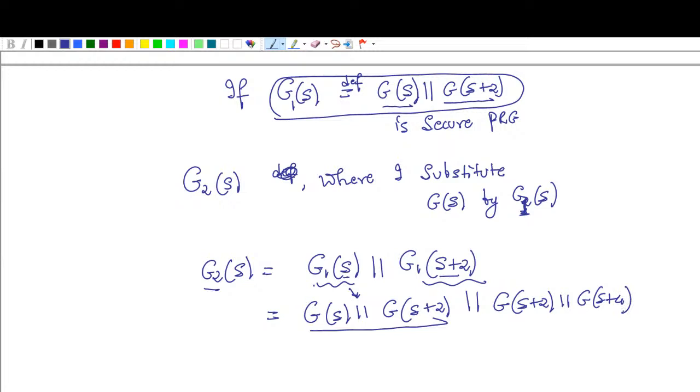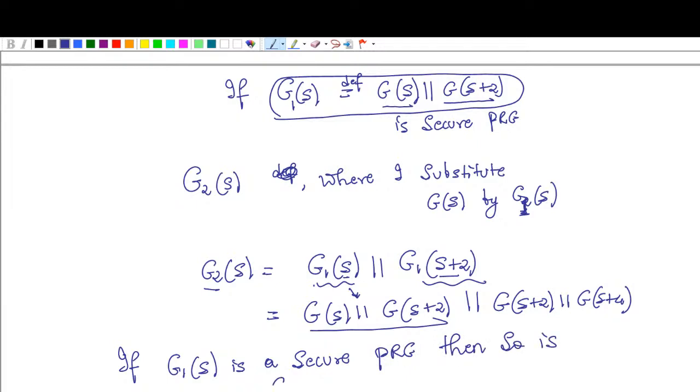So the implication we can draw here is that if G1(S) is a secure PRG, then so is G2(S).